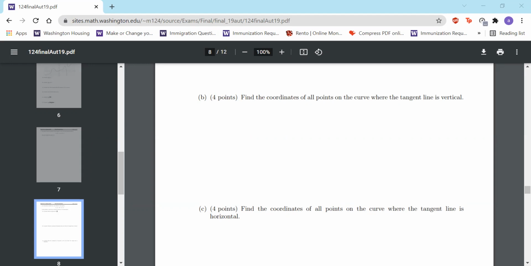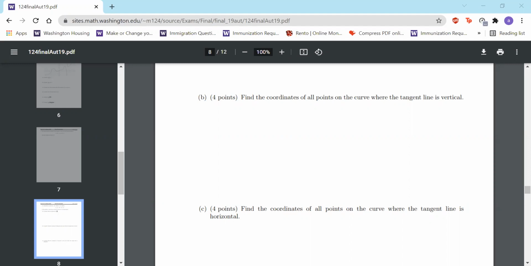Yes, so we said the numerator is 0 when you see a horizontal tangent line, but when you see a vertical tangent line, then it is the denominator. So for part C, what you find in part A, dy/dx, is a rational function.